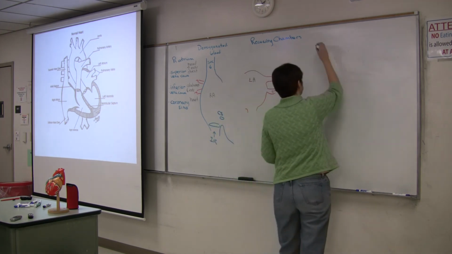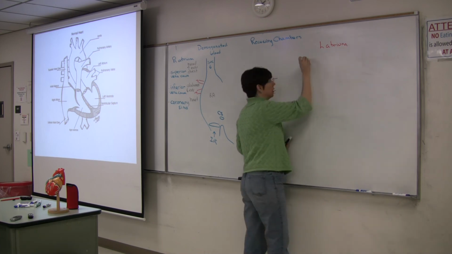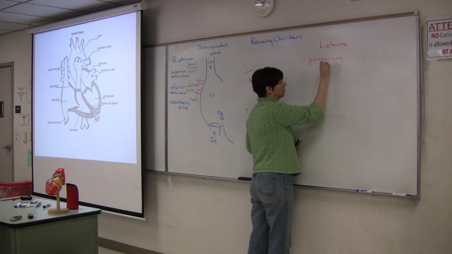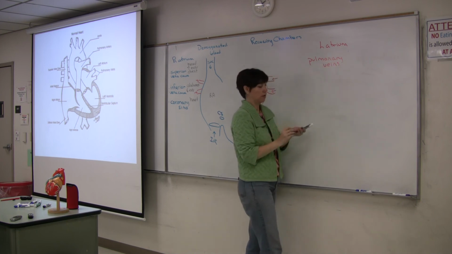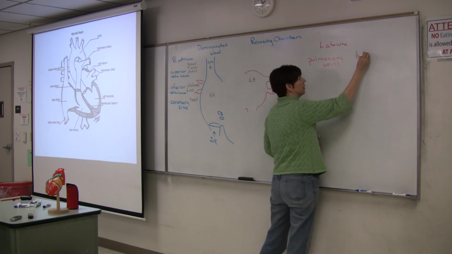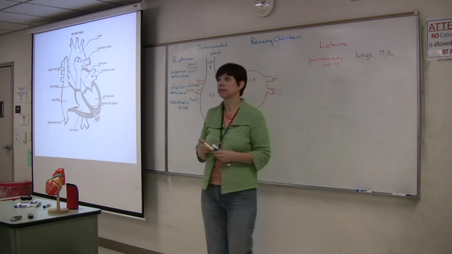So we'll put left atrium over here. And pulmonary veins returning oxygenated blood, that's why it's red, from the lungs. Right and left lungs.